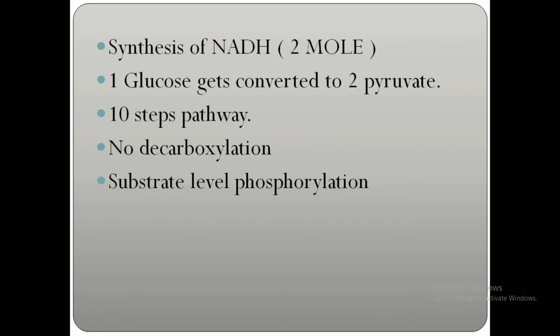Talking about the products that we obtain, we have 2 moles of NADH formed in this process. Along with that, we have 2 pyruvates. It is a 10-step process and there occurs no decarboxylation. And finally, we have substrate level phosphorylation. In very simple terms, substrate level phosphorylation means formation of ATP.